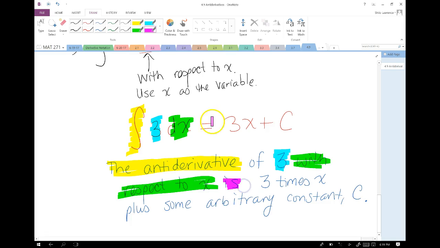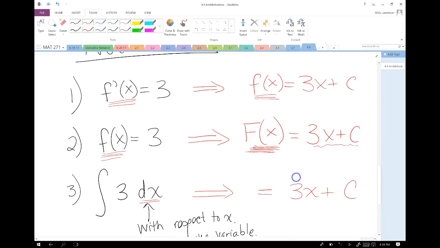Equals means is, and then we've got our answer, 3 times x plus some arbitrary constant c. So that's if we just wanted to write the whole thing out as a question and an answer, just as one smooth equation, rather than just two separate functions.